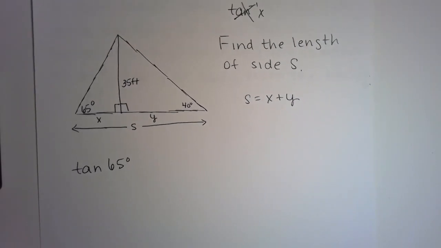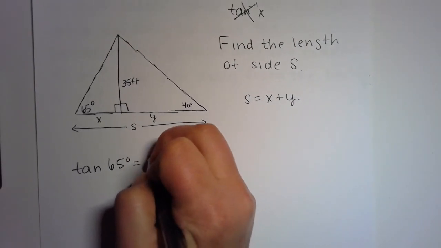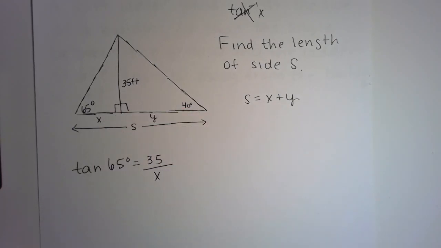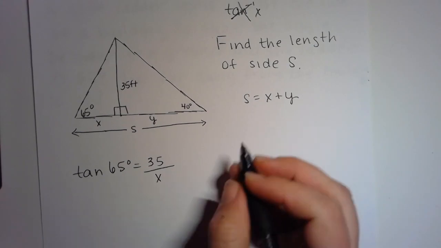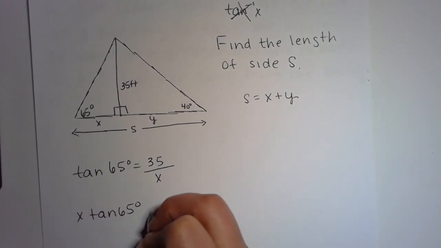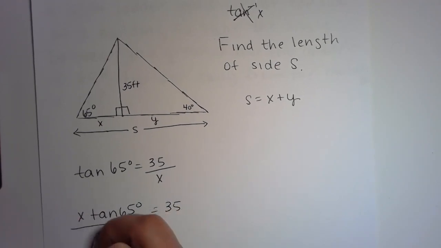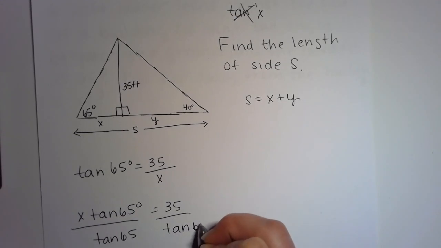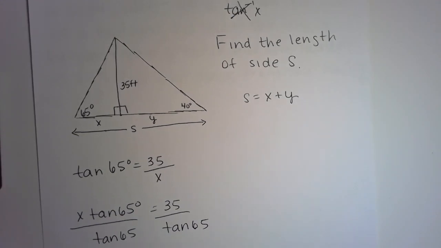So we have tangent of 65 degrees is opposite, 35, over adjacent, which is x. And so I'm going to solve for x the same way that I did the other one. I get x tangent of 65 equals 35. Divide by tangent. Put it in my calculator and approximate it to a couple decimal places at least.